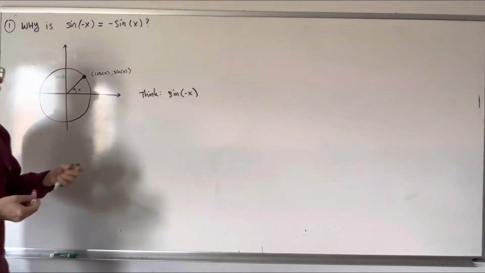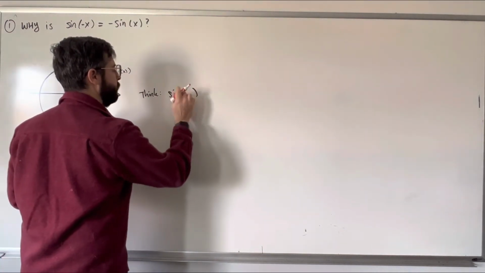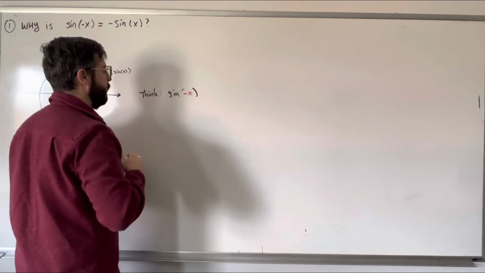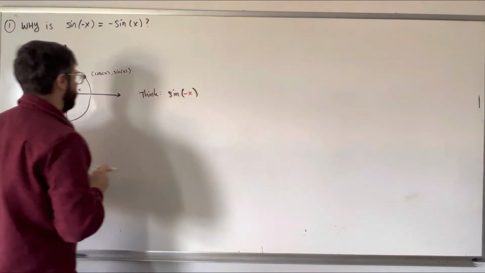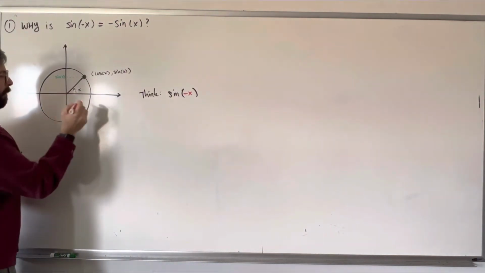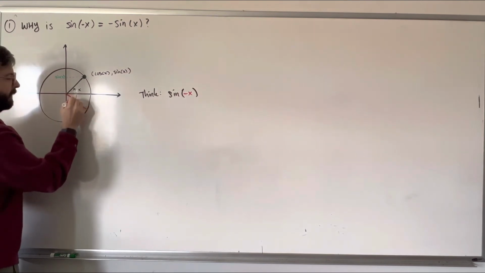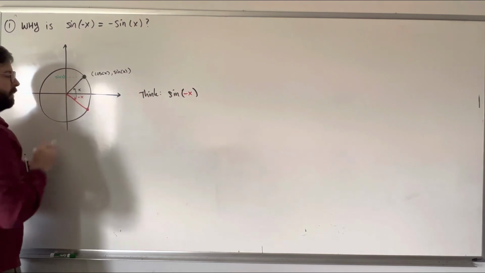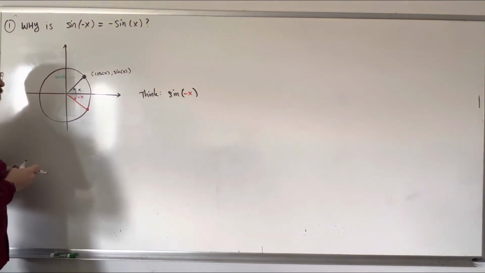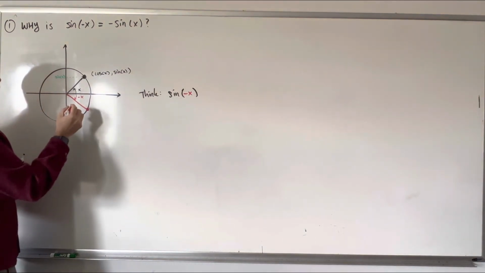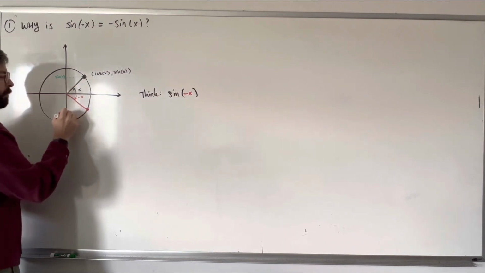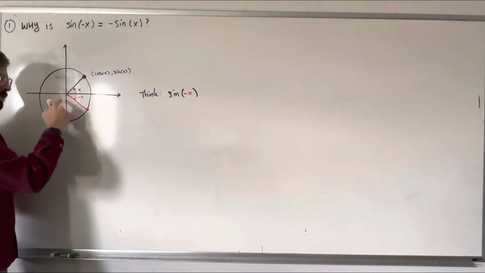So this minus x, let's put it in red here, be super fancy, means we're rotating the same amount, but instead we're rotating down x. So here's that negative x to signify that we're going this direction. Then the question is, what is this height here?